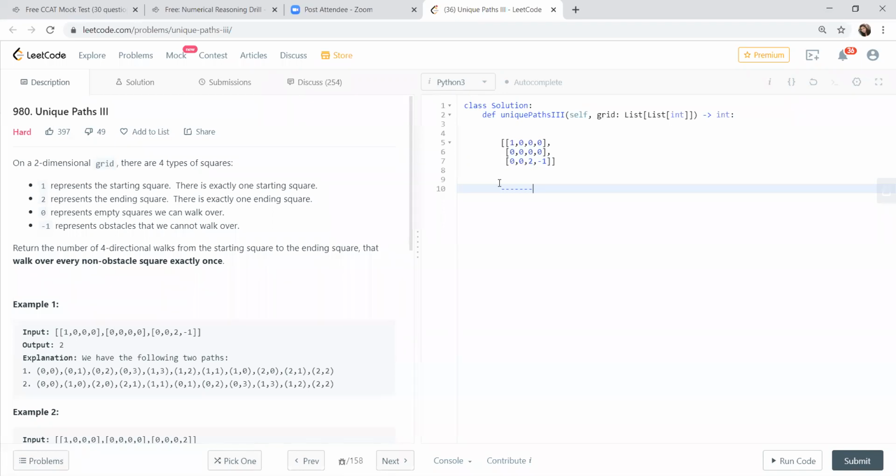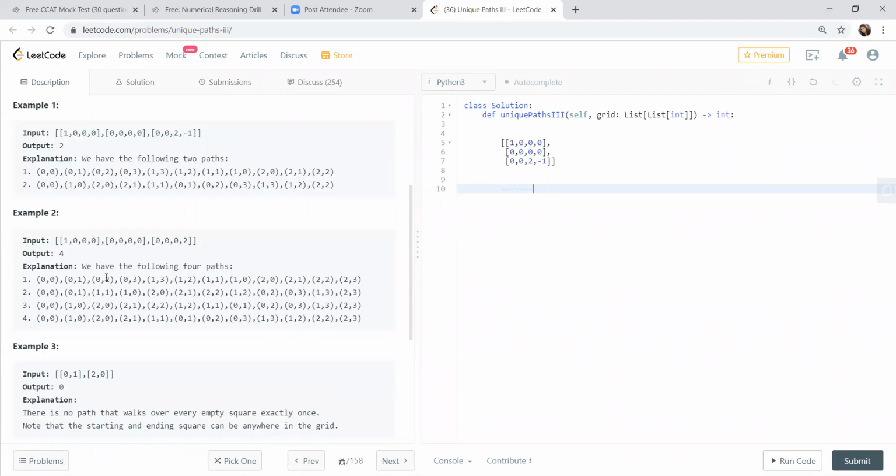And then the other one is down, up, right, up, then up, then right, then right, all the way to the end, and then going down, and then coming back, and then reaching 2. So these are the 2 paths which they are showing.